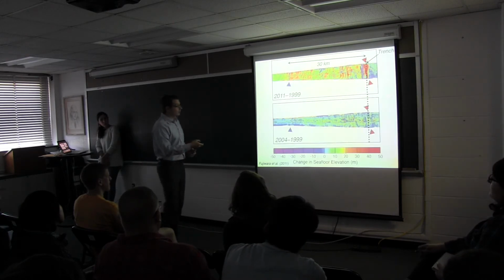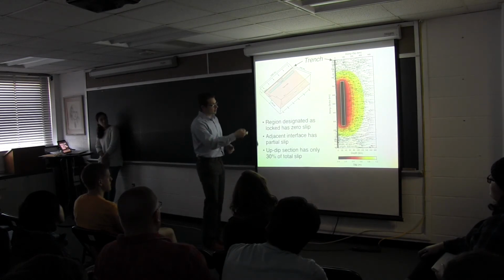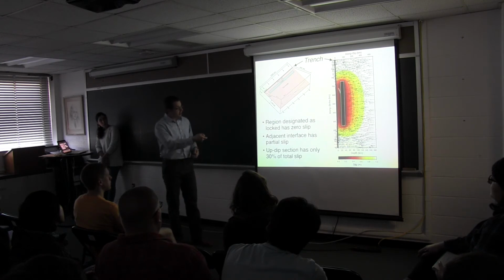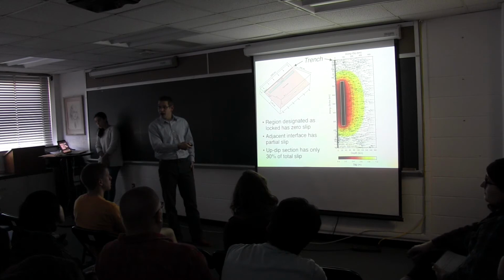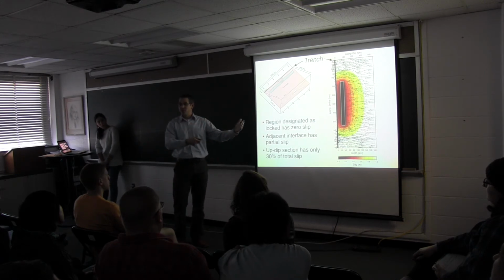So that goes back to this part right here. Remember, we left this unlocked. It's not stuck at all, but it's accumulating a whole bunch of slip deficit just by being near the stuff that is locked. So during the earthquake, when this stuff slipped, it can still move a whole lot. It doesn't have to be stuck.